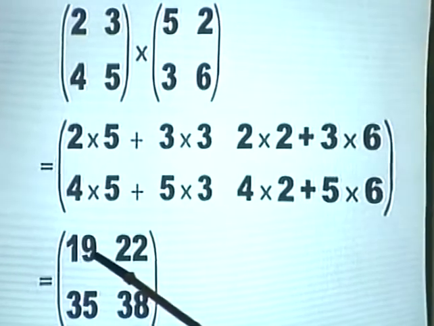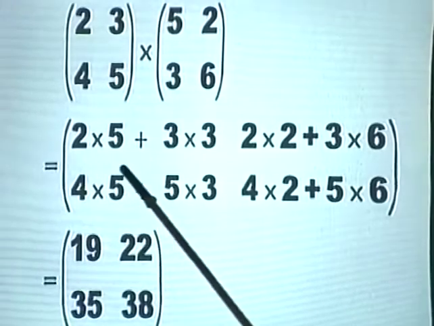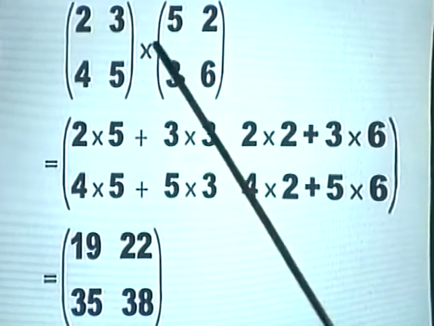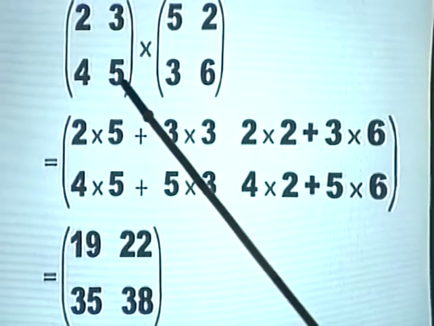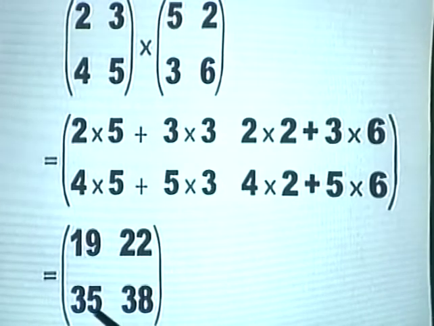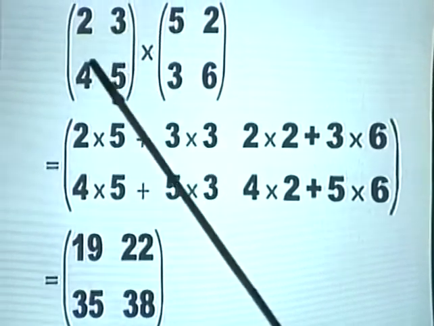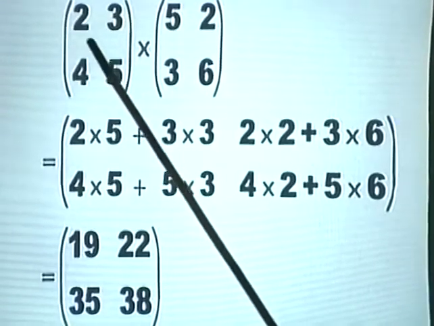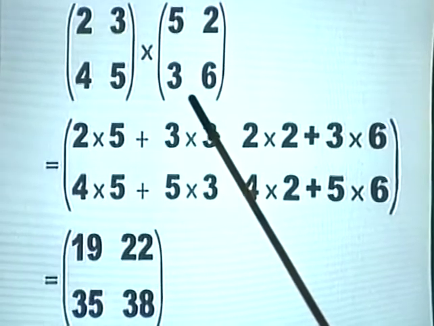Here. Okay, take note of how it's done. This one, 4 times 5 is 20, and 5 times 3 is 15. 20 plus 15 will give 35. So we've used this 2 and 4 and 5 and 3.